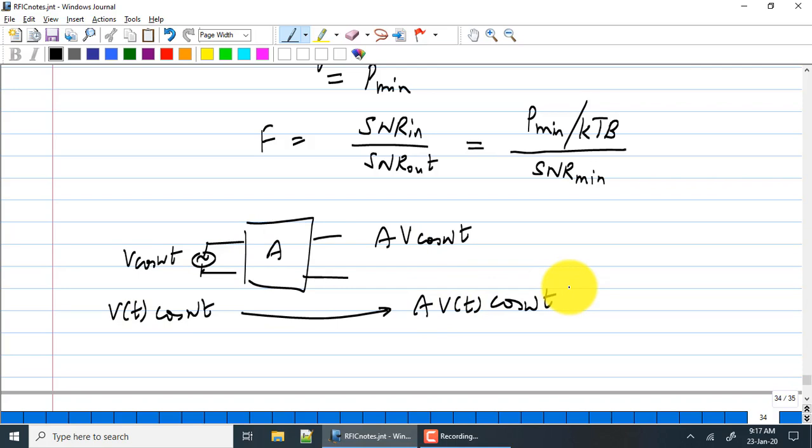Now imagine I applied V1 of t cos omega 1 t plus V2 of t cos omega 2 t. What should you ideally get as the output?